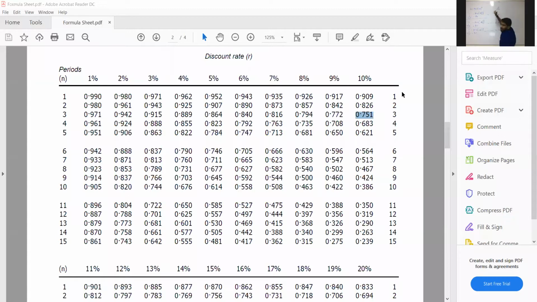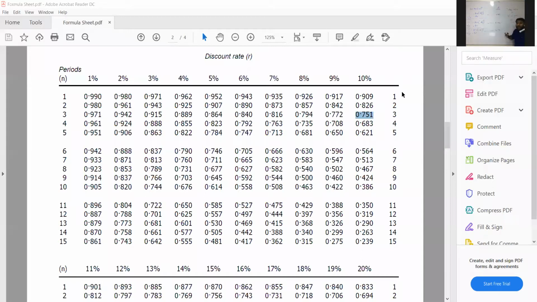Then guys, what is the thing that I have given you in that table? It is today's value of $1 at a given rate.